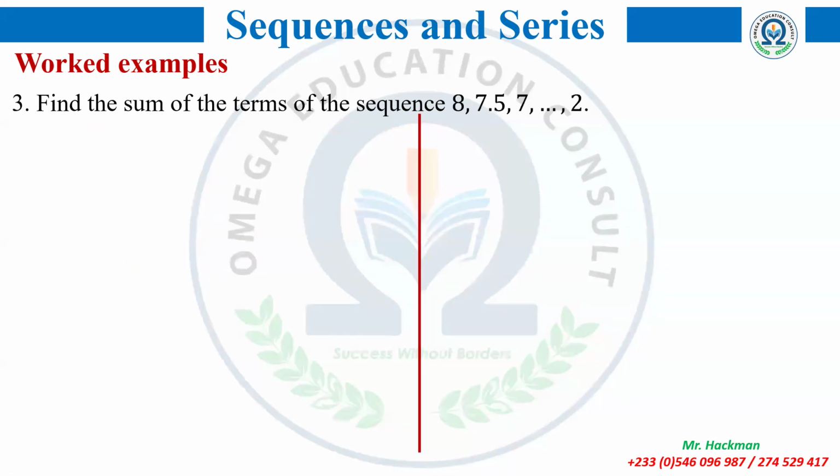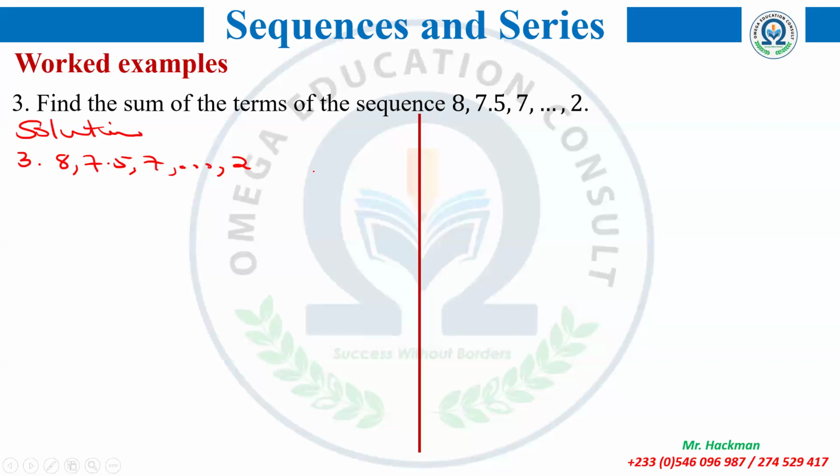All right, let's see how best we can deal with this. Another interesting question. Find the sum of the terms of the sequence. The sequence contains a decimal. Solution: the question number, then the sequence itself: 8, 7.5, 7, and so on, up to 2.